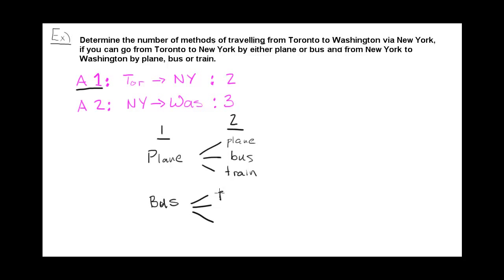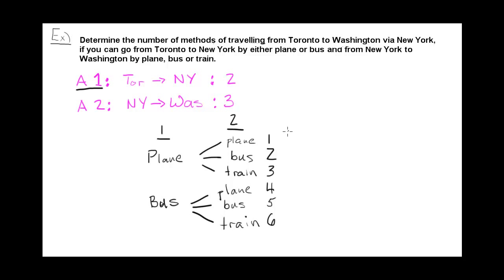I can go by plane, bus, or train. So in total, I have 1 method, 2 methods, 3 methods, 4, 5, or 6. So there are 6 methods for me to travel all the way from Toronto to Washington via New York.